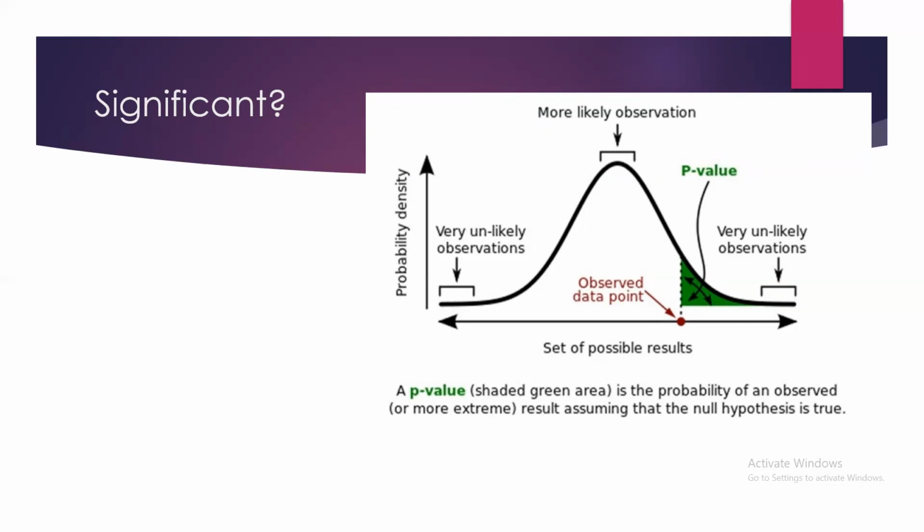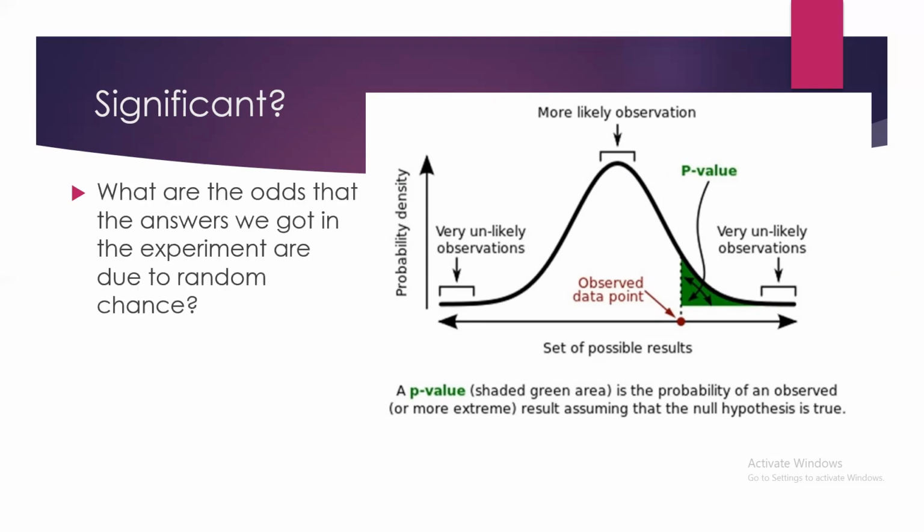So that is the probability of the observed or a more extreme result, assuming that the null hypothesis is true. Remember, our null hypothesis said that the G's were equal to the T's for long and short here. So what are the odds that the answers we got in the experiment were due to random chance?